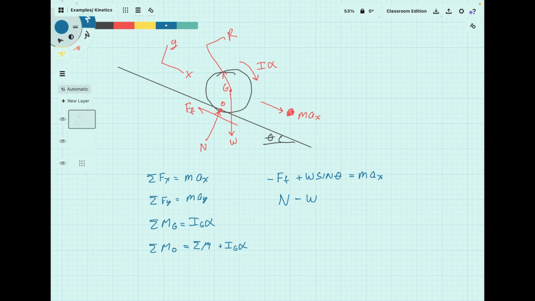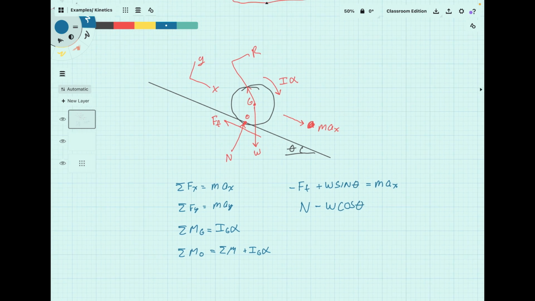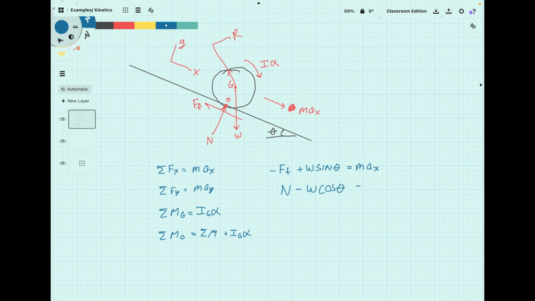N minus W cosine theta. And it's not moving in the y direction that I've chosen, so that's equal to 0. And then summation of moments about G. Well, we've got the force of friction at distance r, and that's it. That's going to be equal to IG alpha.